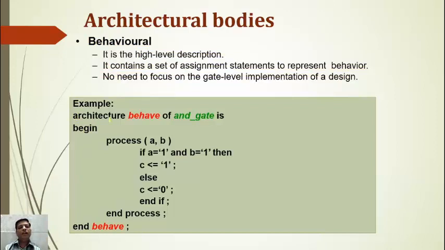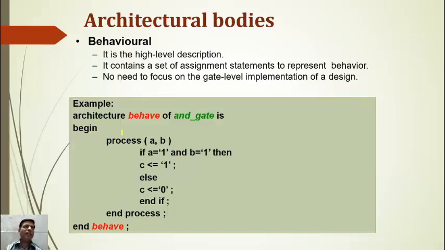Example: architecture behave of and_gate is. The name is whatever you decide, but it is not a keyword. And_gate is the entity name. Then begin. Here there are no signal declarations, because it is an optional part, so directly we have begin.